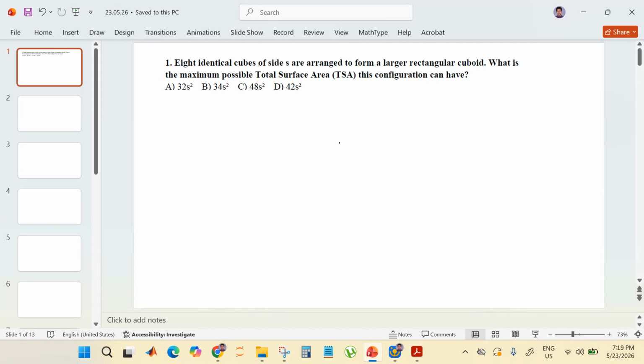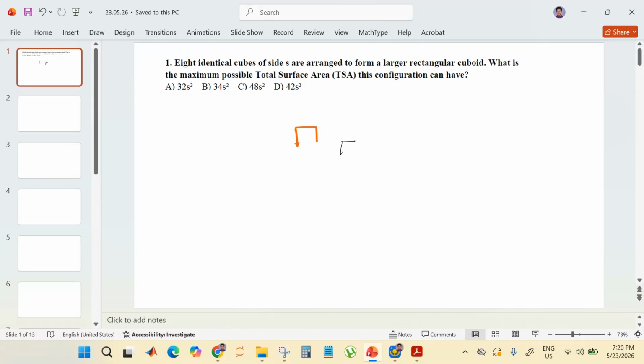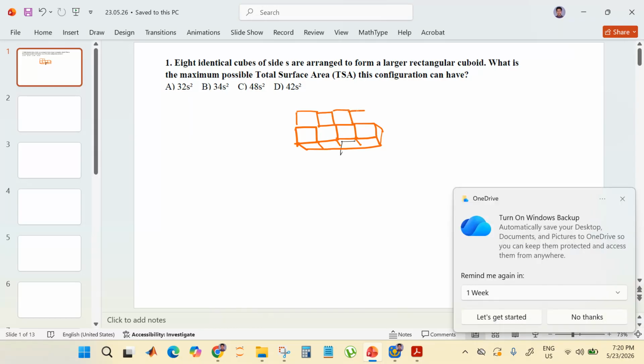So if we consider eight identical cubes, that means, if I place, just 1 minute, one, two, three, four cubes like this way, and another four cubes, one, two, three, four.